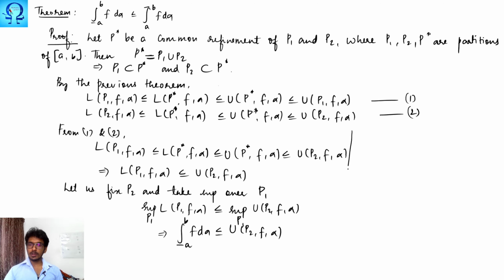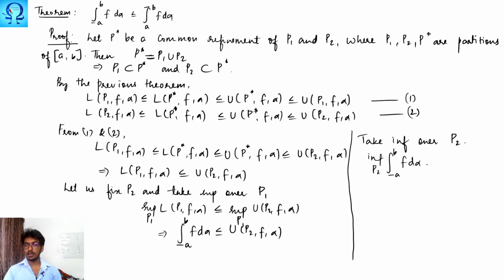Now let me do the remaining part of the proof here itself. Now take the infimum over the partition P2. Therefore, the lower RS integral of f from a to b is less than or equal to the infimum over P2 of U(P2, f, alpha).